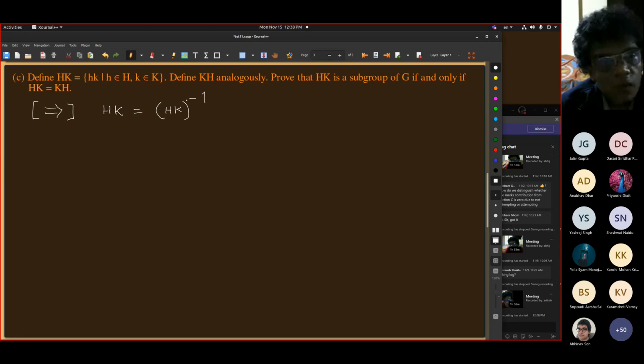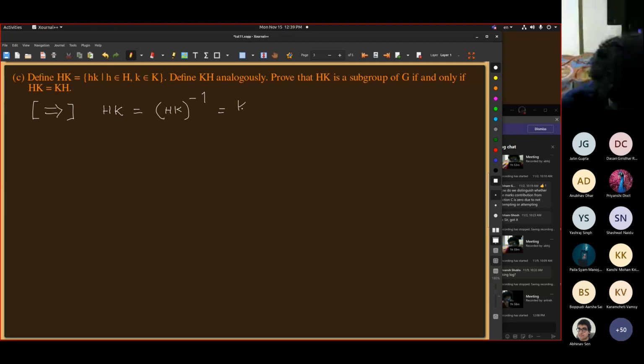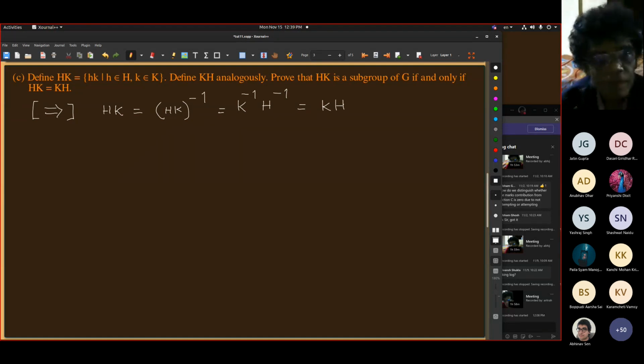So this set will be of the form K inverse H inverse, h in H, k in K. Since H and K are subgroups, K inverse is K and H inverse is H. You can also go ahead and check it manually, assuming that something belongs to KH but not in HK, or the opposite.